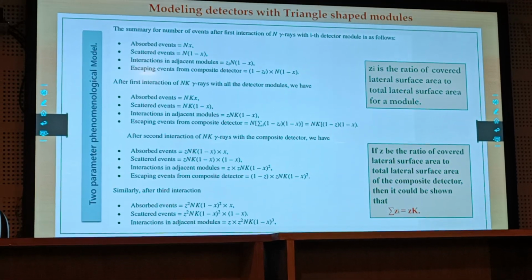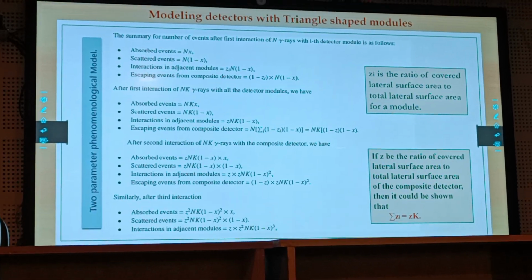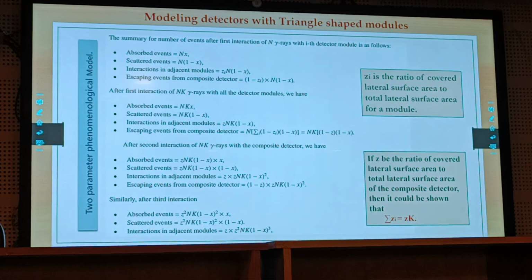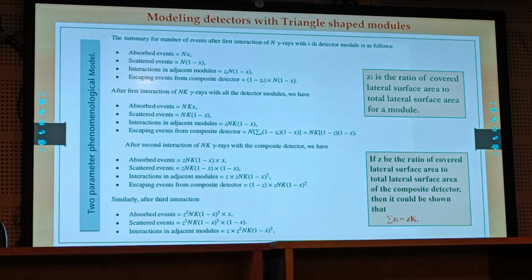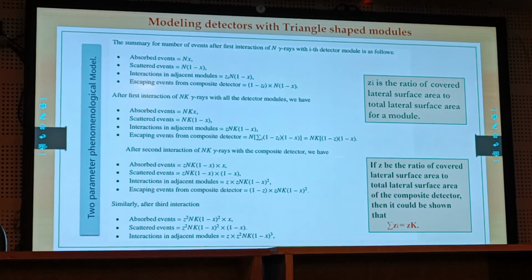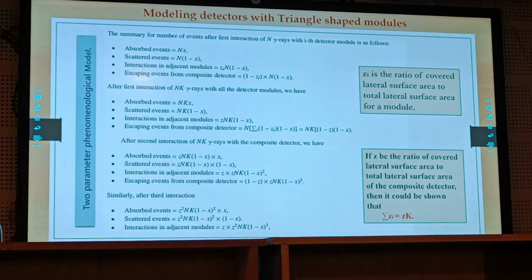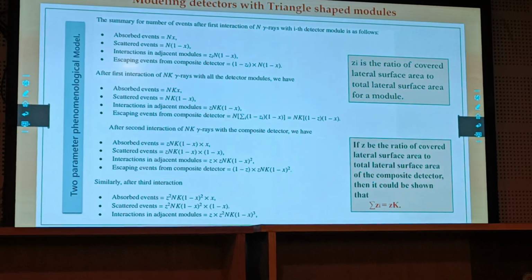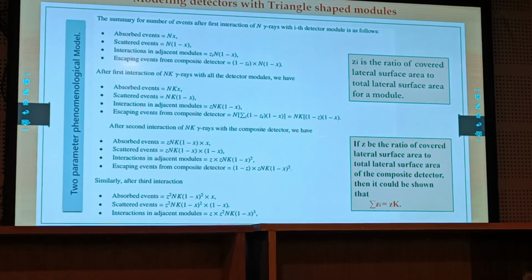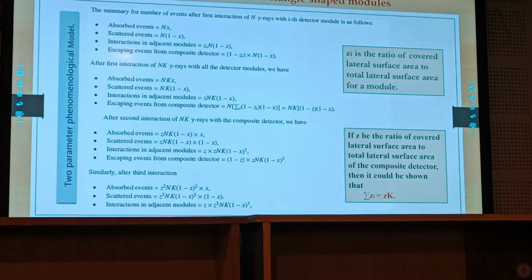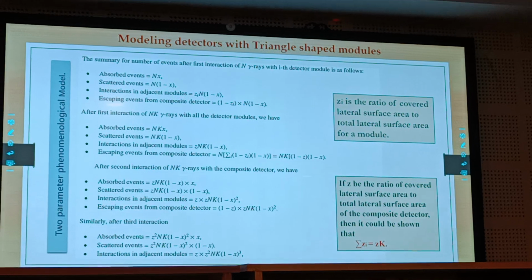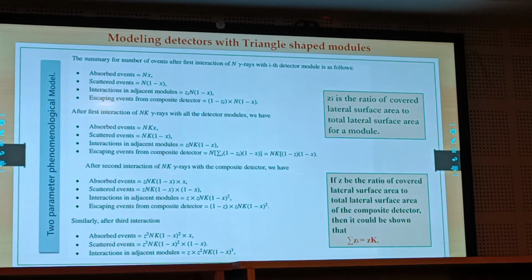Here, absorbed events are n x, scattered events are n into (1 minus x), and introduction in adjacent modules. Here we introduced the parameter z, which gives z into n into (1 minus x), and escaping events from the composite detector is (1 minus z) into n into (1 minus x).